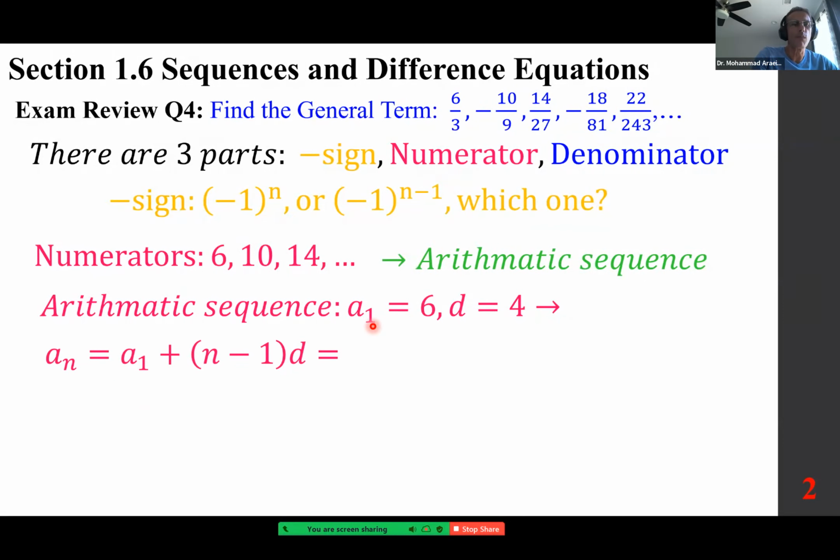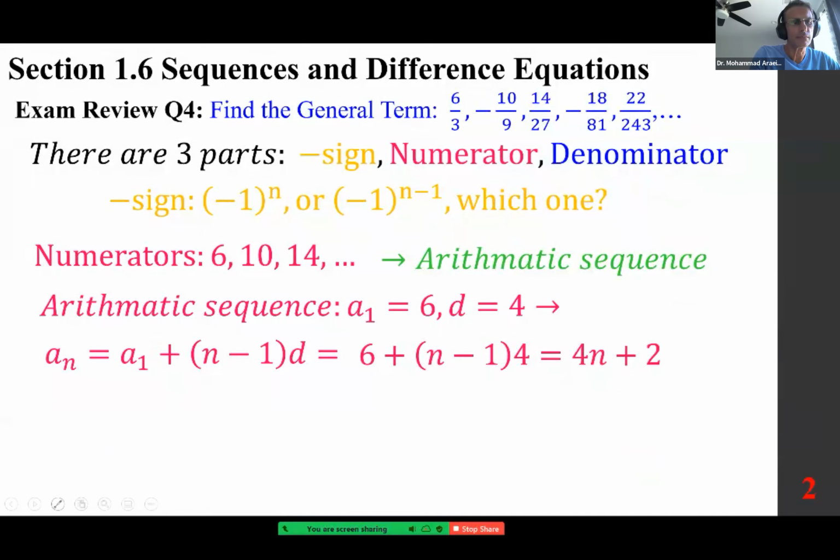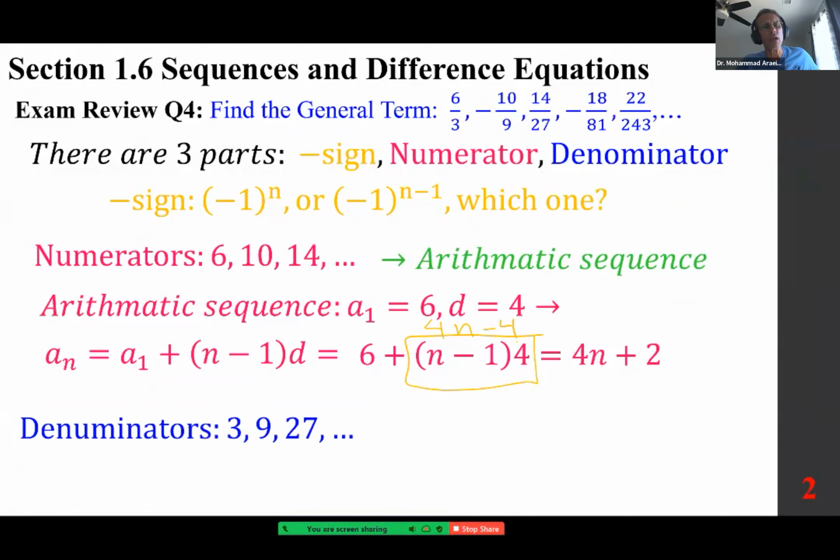We replace this. And of course, this part is 4n minus 4. They combine to 4n plus 2.